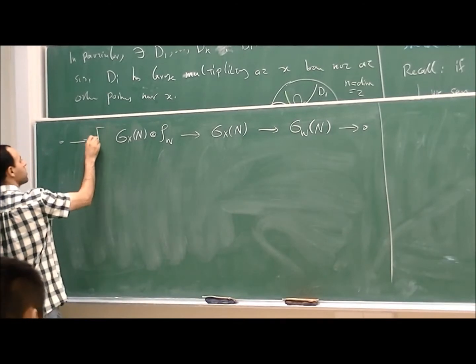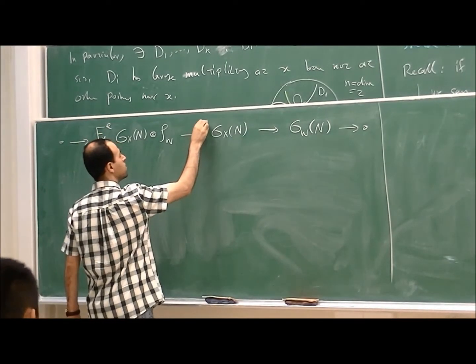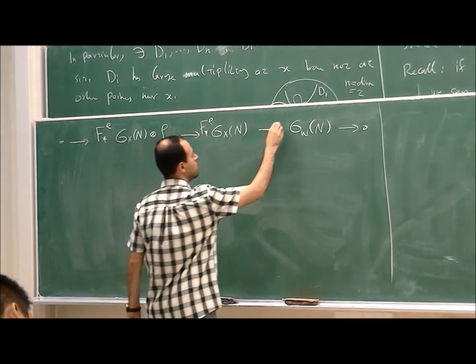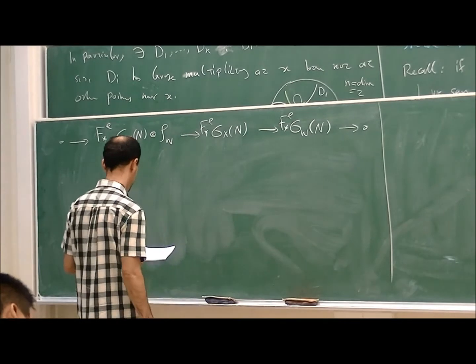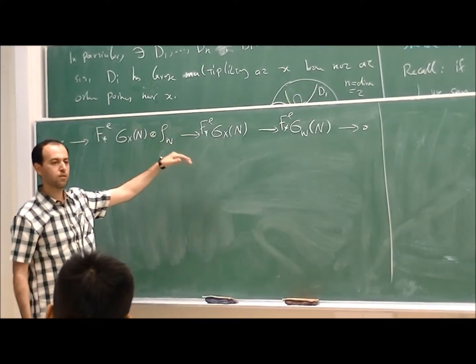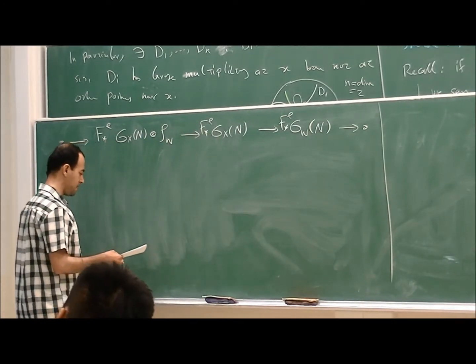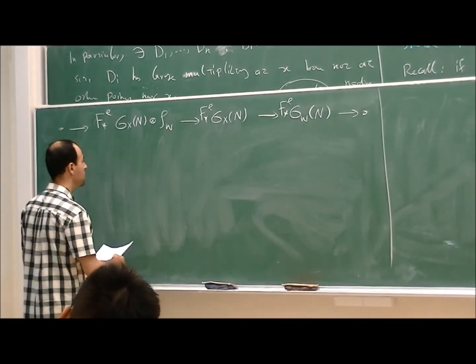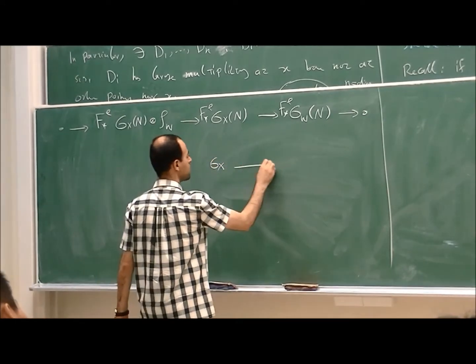I want also to take the image by the Frobenius. So because the Frobenius is a finite map, when you take the image, you still have the short exact sequence.